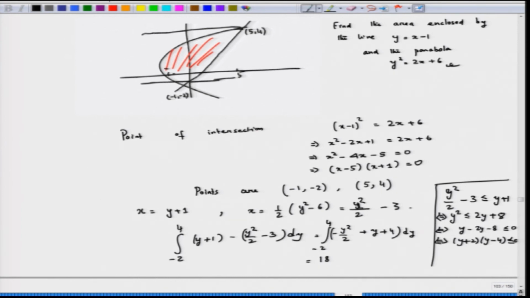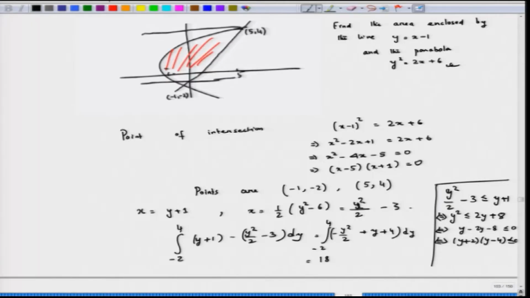So, many a times if we write x as a function of y, then it is easier for us to calculate the integral of g of y dy, where y varies from some c to d, to find the area. So, depending on the situation, because as you can see here we have a lot of difficulties in finding the area if we consider this as a function of x.